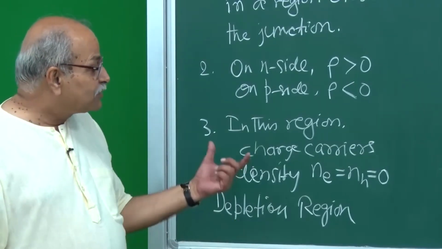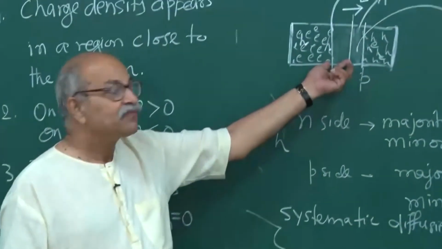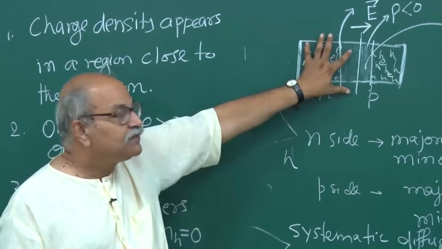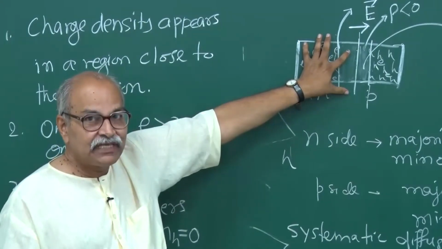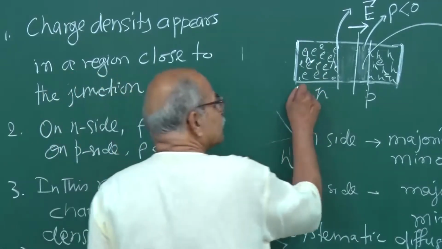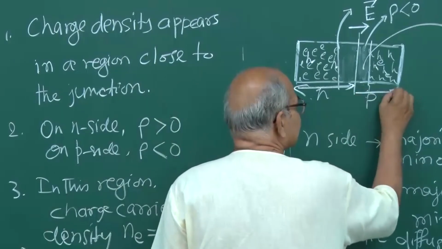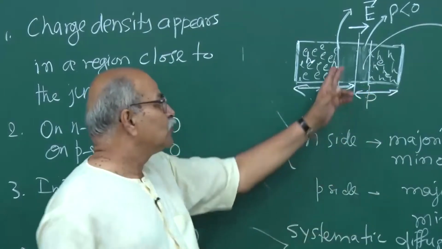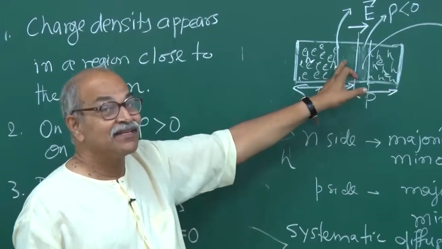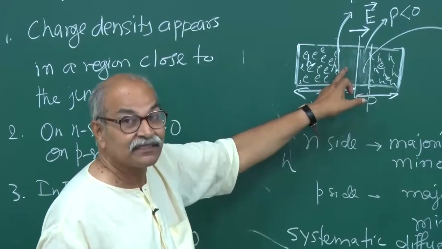Now, what is the width of the depletion region? How much will this width be? That depends on the concentration of the dopants. Remember, the dopants are there. This is N type up to here, and P type from here to here. So, although there are no charge carriers, this is still N type material. We have diffused those pentavalent impurities here.